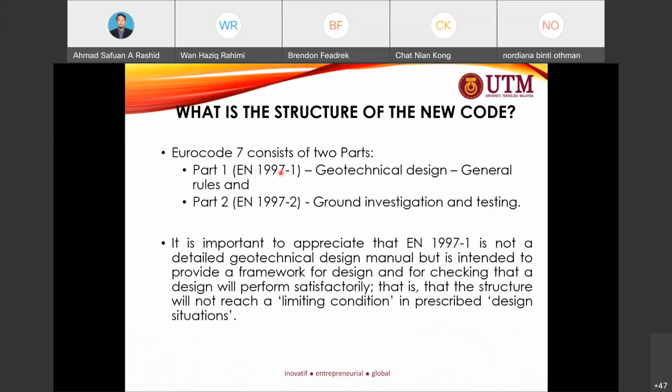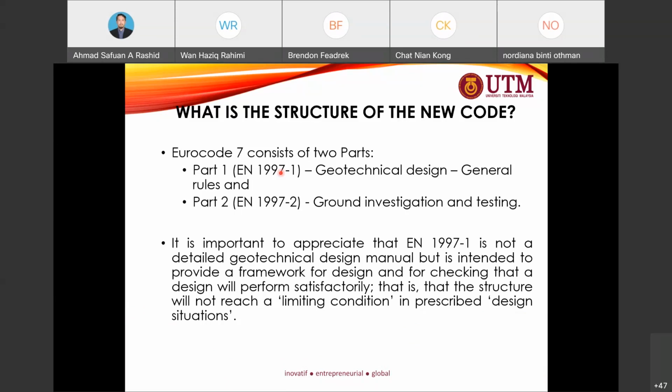Part one, EN 1997-1, discusses geotechnical design, general rules. And part two, EN 1997-2, discusses ground investigation and testing.